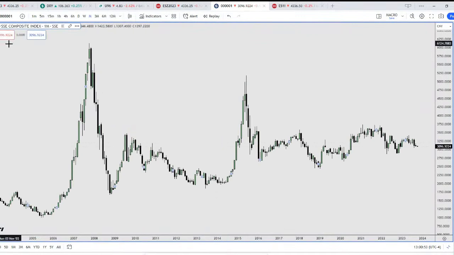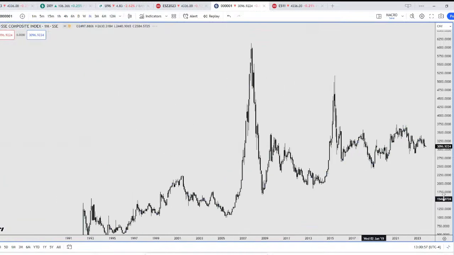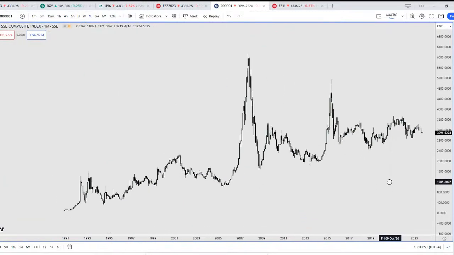I think this is the one. I'm not too sure, but it's very similar to HSI. It's building higher lows.